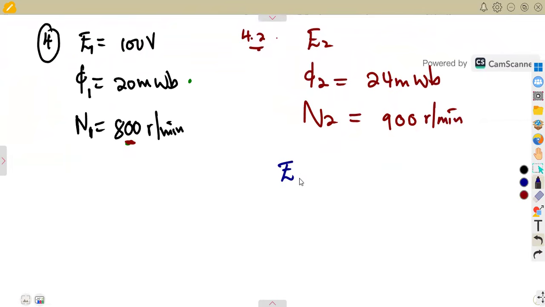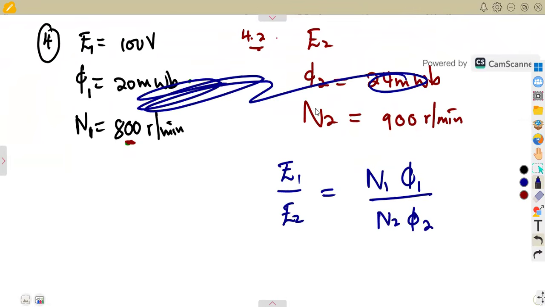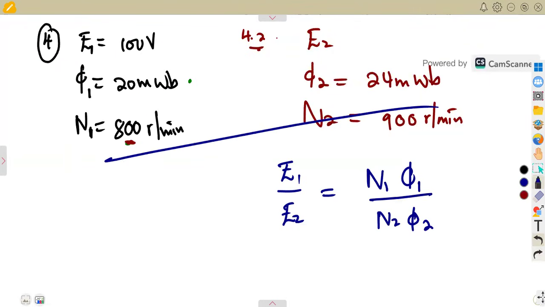So still our formula does not change. The constant is the only thing that we know will cancel. So for the N1 flux 1, this time there's nothing that we are going to cancel, because the fluxes are different and the speeds are different. Let's substitute, all right?